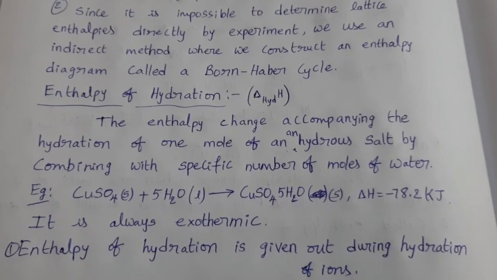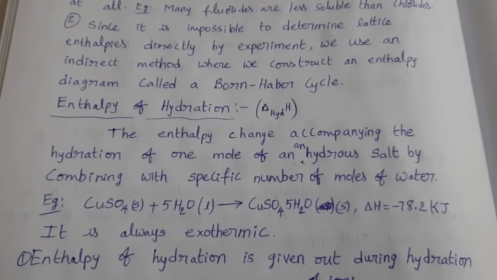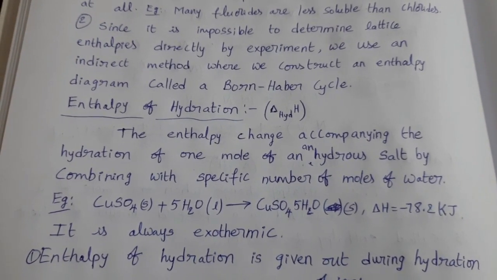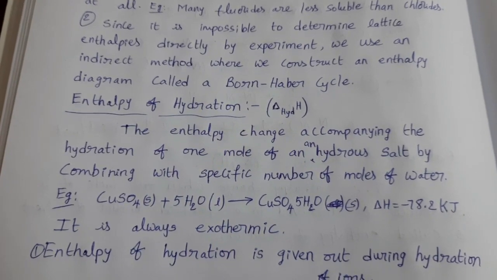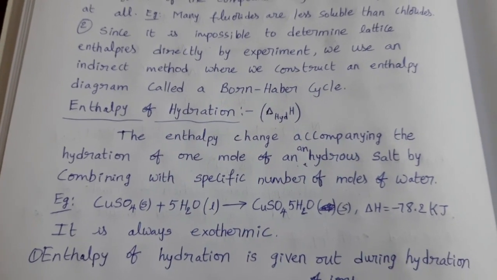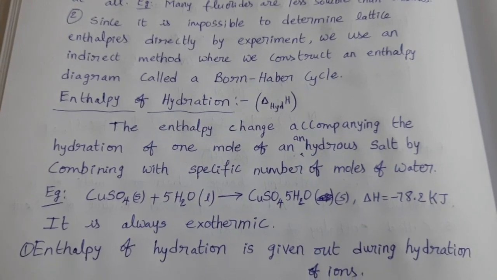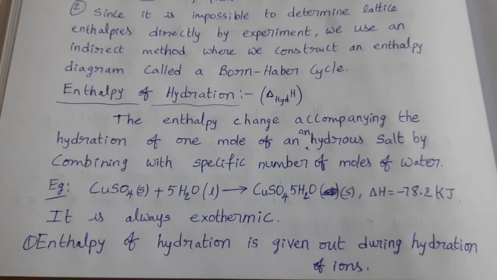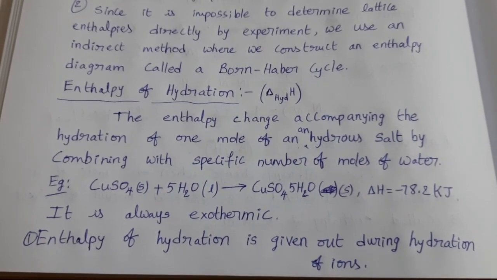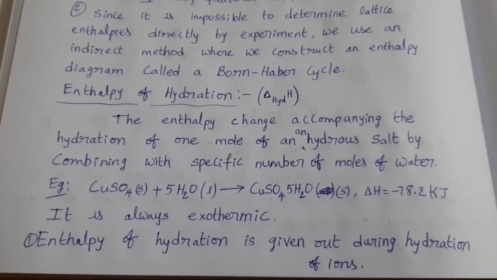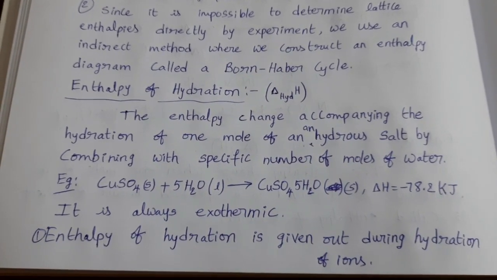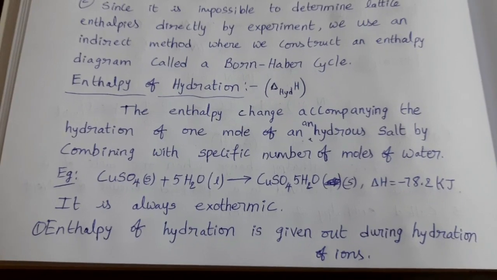See this, NaCl is added to the water. Then Na plus and Cl minus ions are produced. Those ions are surrounded by water molecules because here the solvent is water. Those water molecules surround Na plus ions and Cl minus ions.